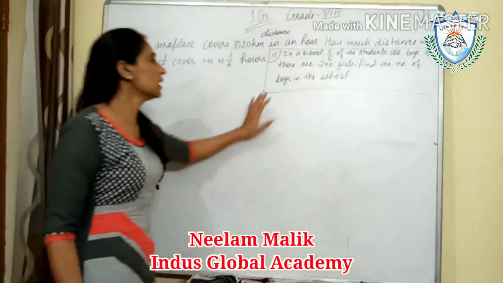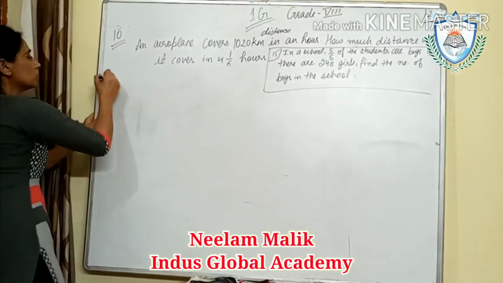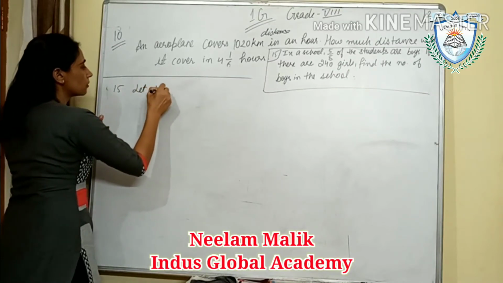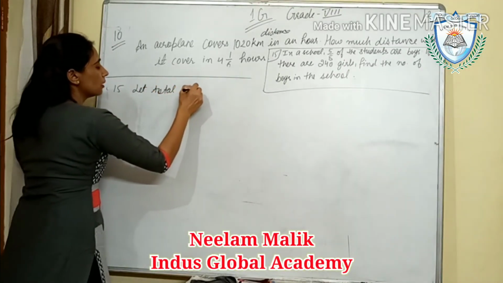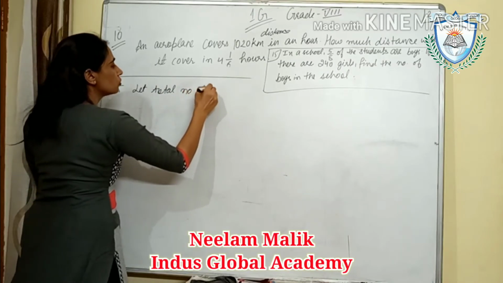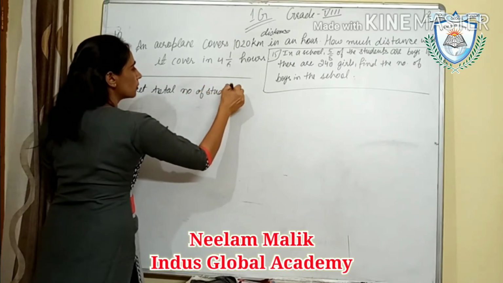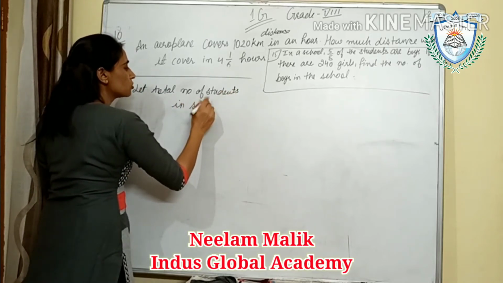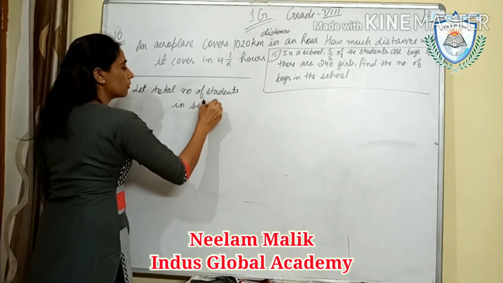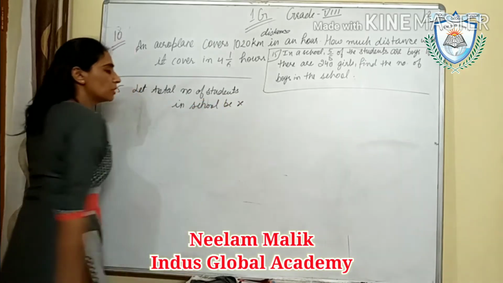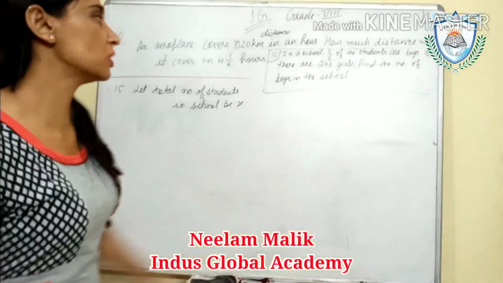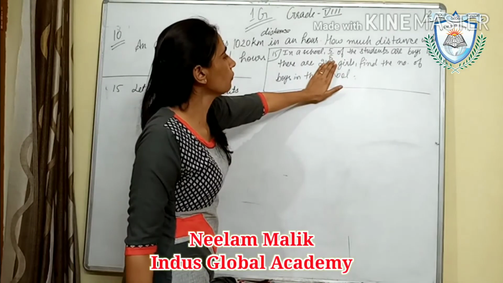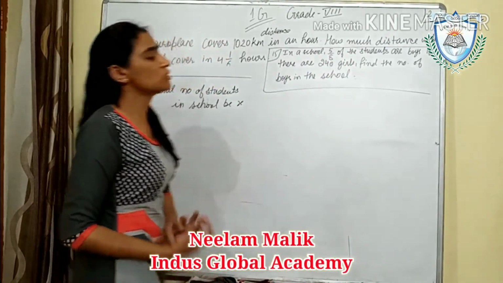So here we will let the total number. Okay, question number 15, let the total number of students in school be X. Means we let the total number of students, that is X. Here in a school 5/8 of the students are boys.